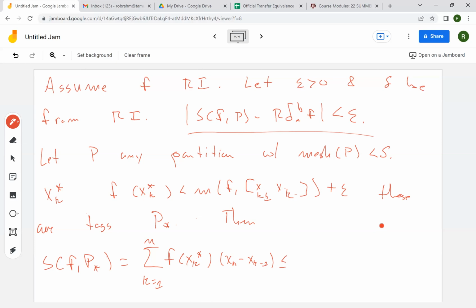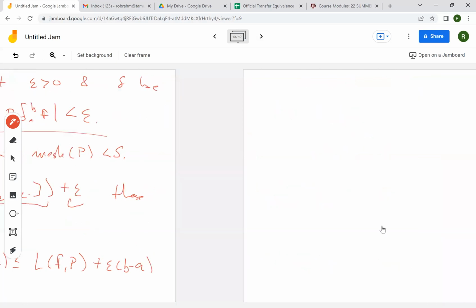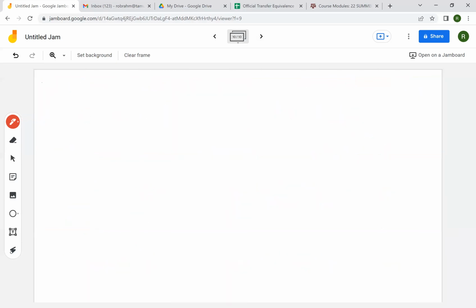I will let you think through this. If I replace this with this plus epsilon, this is just going to be L of f, P plus epsilon times b minus a. Now similarly, I want to pick tags x_k star that satisfy f of x_k star is greater than the supremum of f minus epsilon.